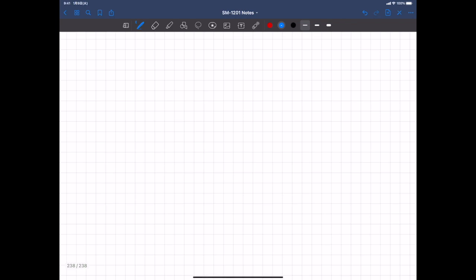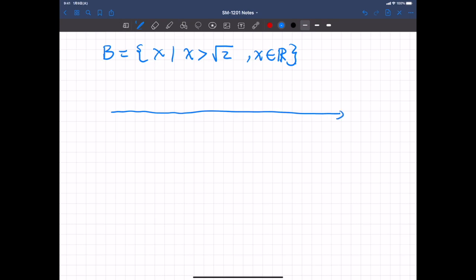another example, let's say B is a set of real numbers that are greater than square root of 2. Then let's visualize this. So let's say this is square root of 2 and x is greater than square root of 2.